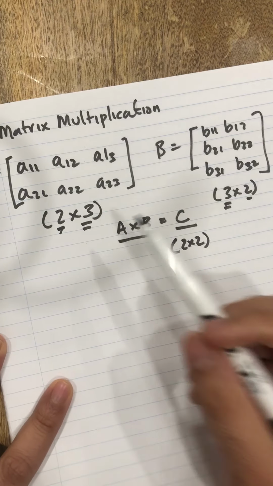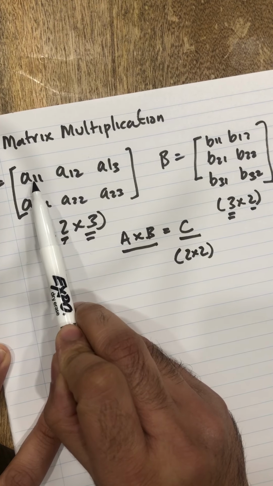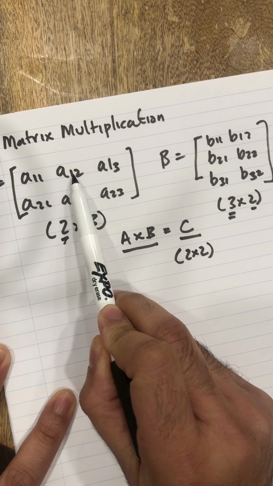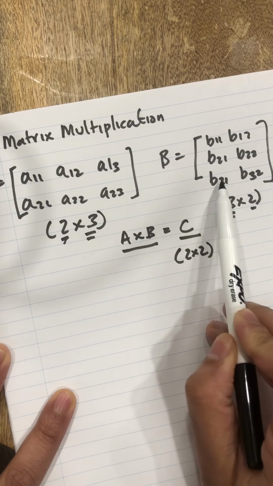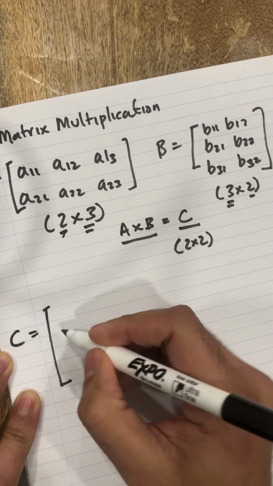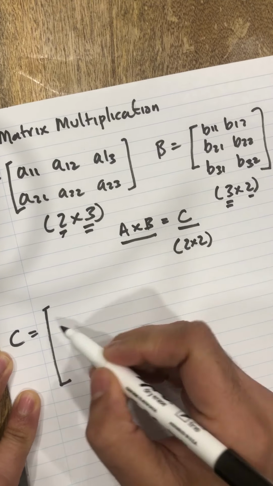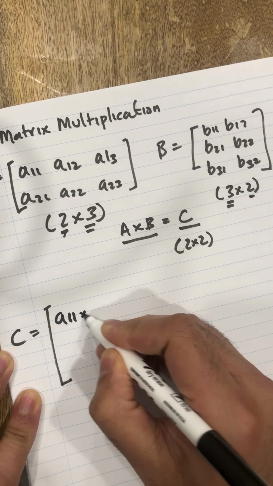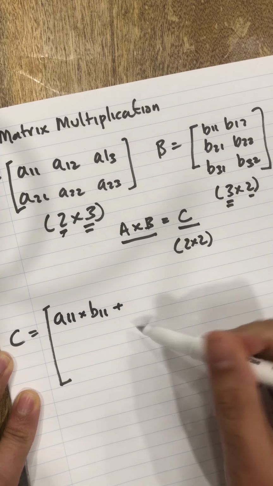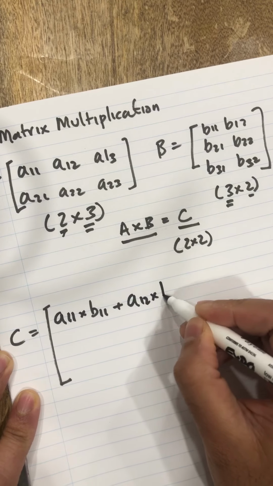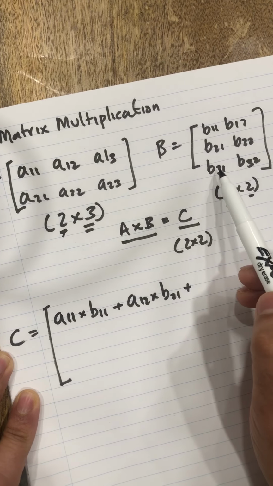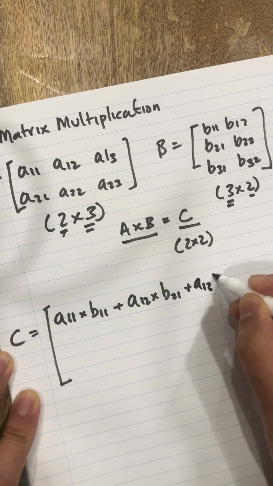So the way the matrix multiplication works is, you take this coefficient, you multiply it with this one, then you add this into this plus this into this. So for your matrix C, your first entry is A11 into B11 plus A12 into B21 plus A13 into B31.